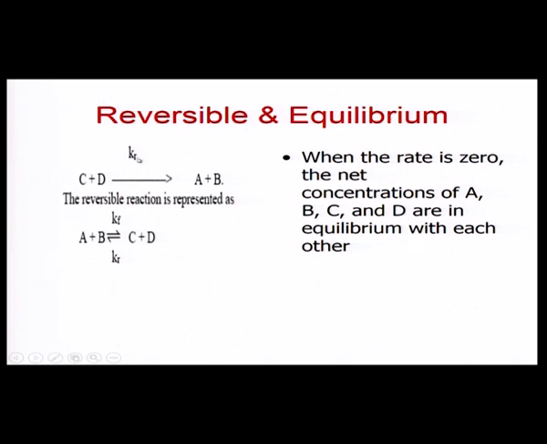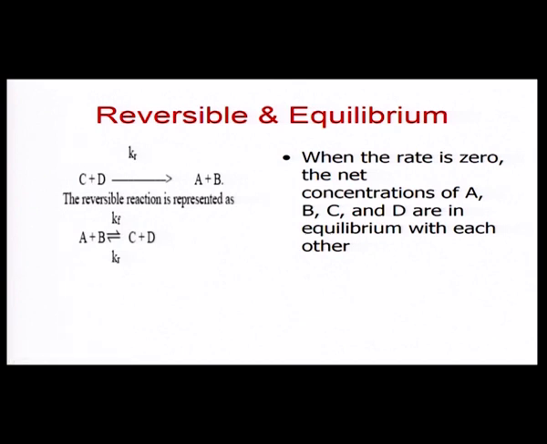So, Kr denotes the rate constant for the reversible reaction. So, this particular reaction is in equilibrium and it is reversible, that is, A and B react to form C and D. This is the forward reaction. If you put it in the backward direction, it is the reverse reaction.